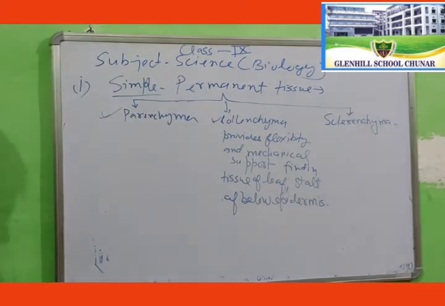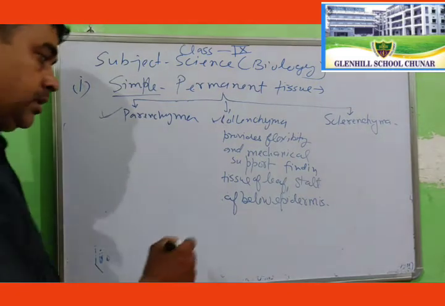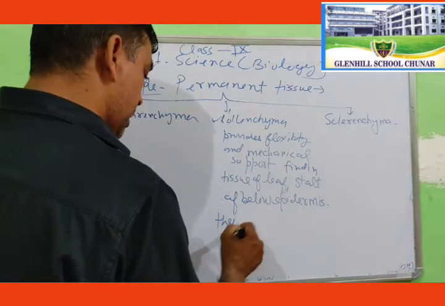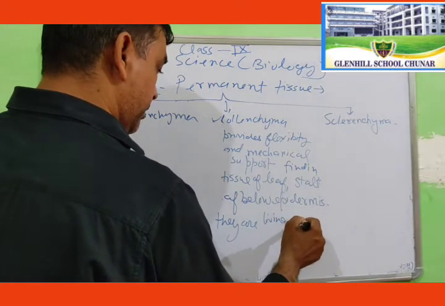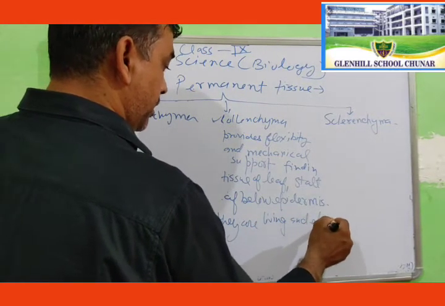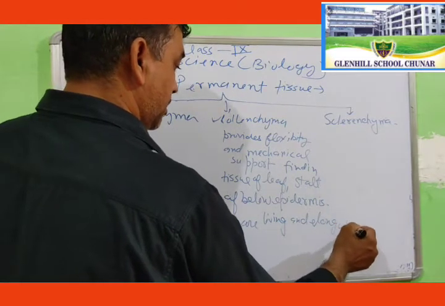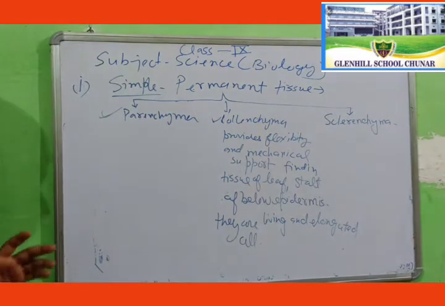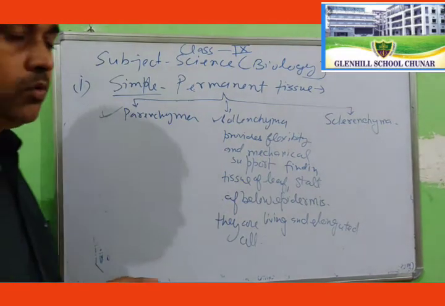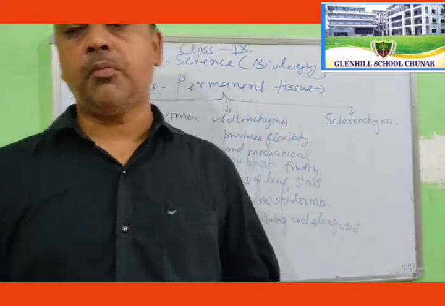Okay, student. So they are living and elongated cells. First of all, they are living and elongated, not oval, not round, not spherical, not polygonal.